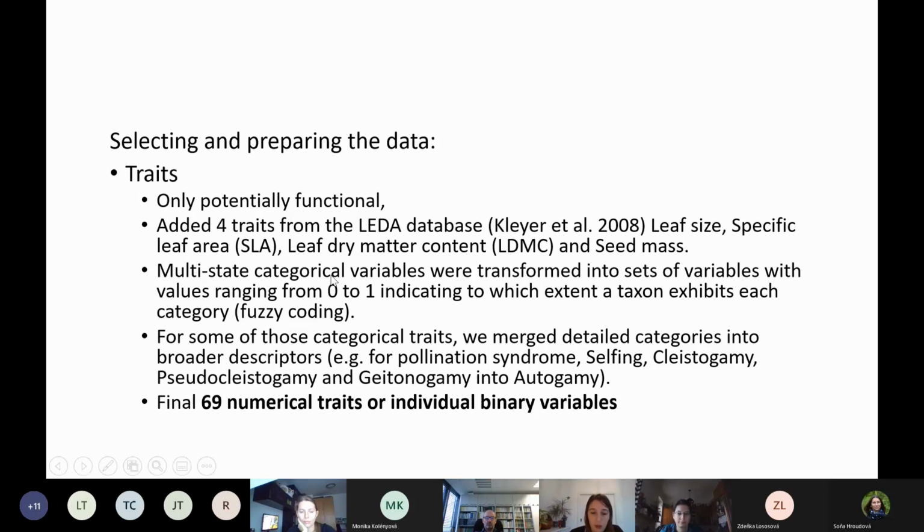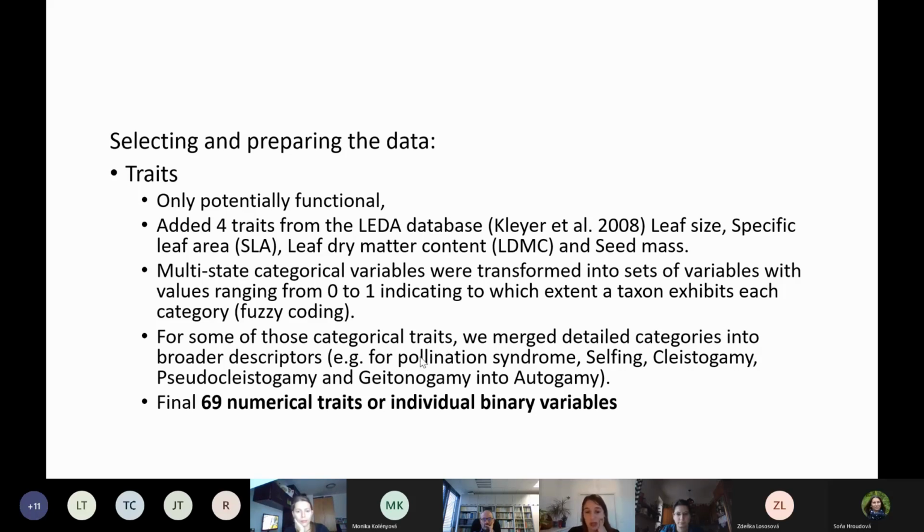We also had to separate the categorical variables, ranging from 0 to 1, for example, in different columns. This is called the fuzzy coding because some species could have intermediate values. And for some of the categorical traits, we also merged them for not having so many columns.